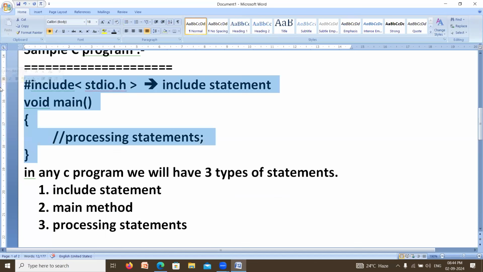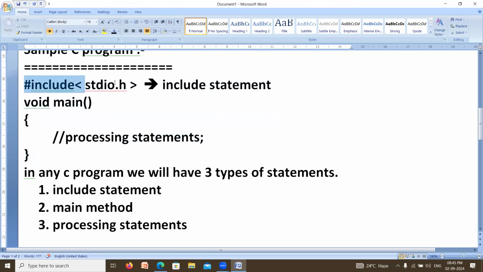Before executing this program, it should be converted into machine understandable form. That process is called compilation. Converting the English into a machine understandable program is called compilation.